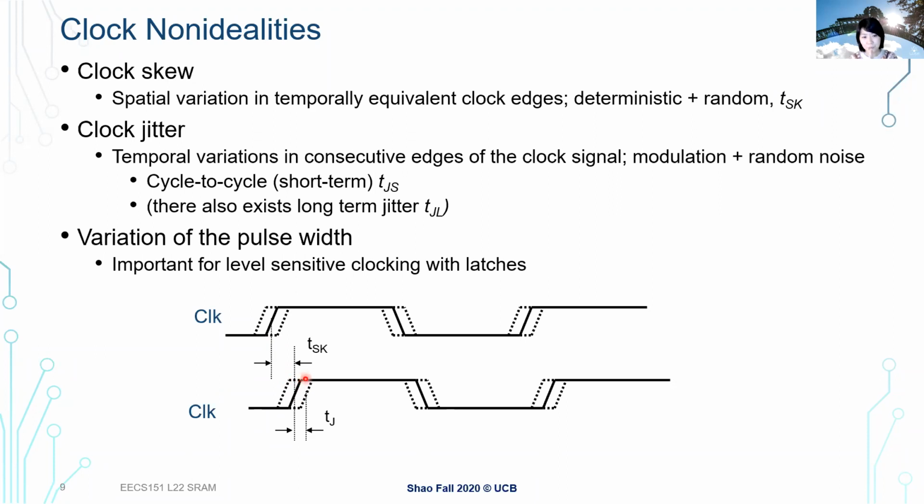So are they the same? In which case there's no skew, the skew is 0, or there's a difference, where the clock signal of one flip-flop arrives later than the clock signal of the first flip-flop, as shown here. So clock skew is talking about the differences between two clock signals, each used to trigger their own flip-flop, but there could be differences because of all the reasons we discussed earlier: differences in devices, differences in loads, and differences in the wires, where they could be physically located in different places.